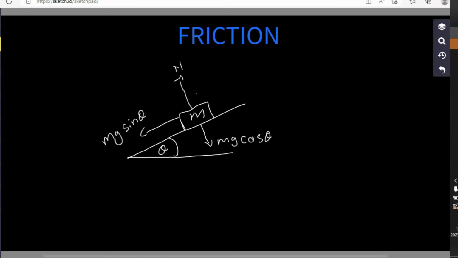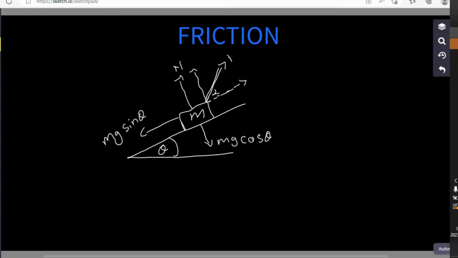So let's say now the force that we are dealing with is applied at an angle. It's pulling the block up the slope, but it is pulling at an angle of alpha. What is the one thing that we know about a force that is applied at an angle? It will develop two components, meaning we are going to have a component that is parallel and a component that is perpendicular to the slope that we are dealing with.